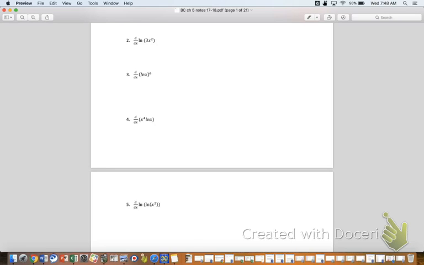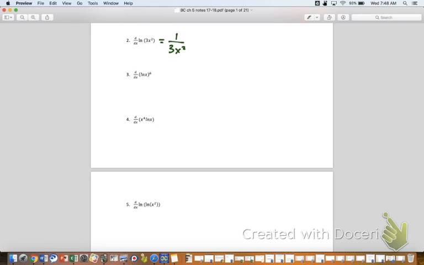The basic plot is the derivative of ln of something, whatever that something is. The derivative of that would be 1 over something times the derivative of that something. Make sense? I hope I'm not overusing the word something there. I just want to be very general. So when you look at the derivative of natural log of 3x squared, that's going to equal 1 over the input, so 1 over 3x squared. But then, as always, the chain rule is always with us.